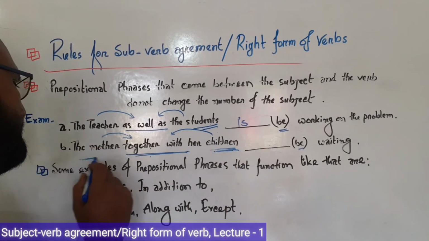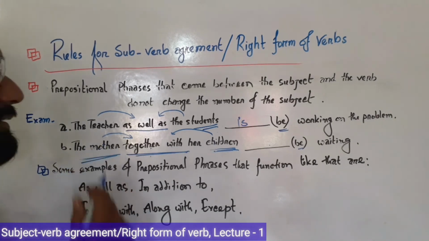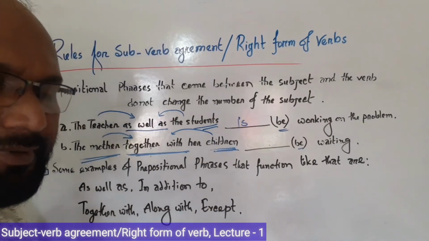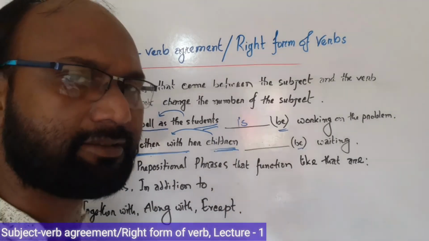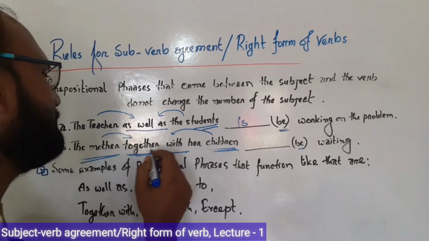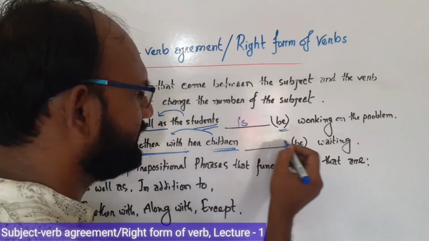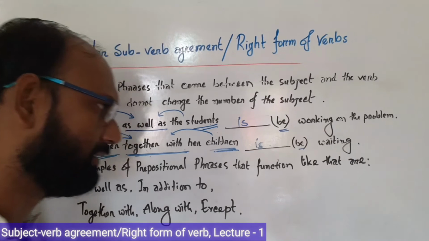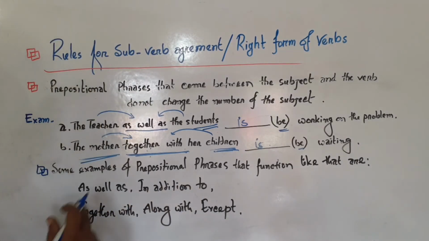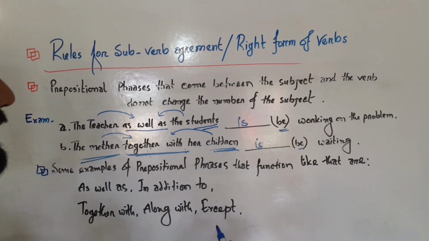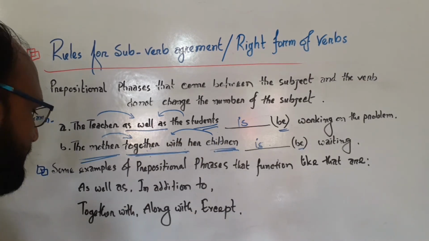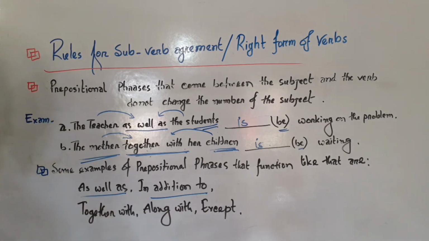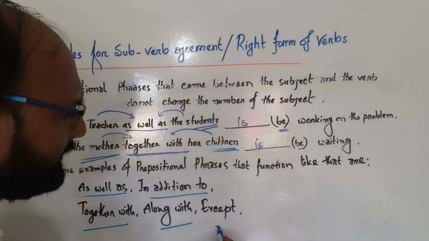We see the first subject, the mother, is a singular subject. And then we use a prepositional phrase, so we will use a singular verb. The mother together with her children is waiting. Some examples of the prepositional phrases that function like that are as well as, in addition to, together with, along with, except.